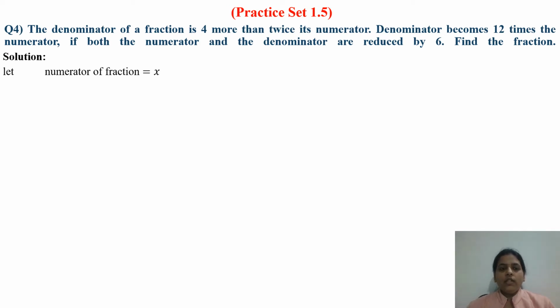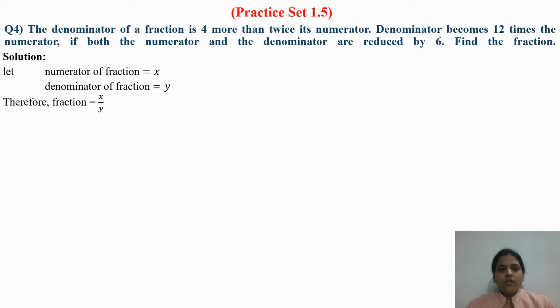So consider the numerator of the fraction to be x and the denominator of the fraction to be y. Therefore, the fraction is x upon y, because the numerator is x and the denominator is y, and we want to calculate the value of x upon y here.